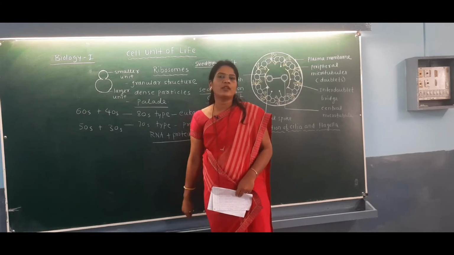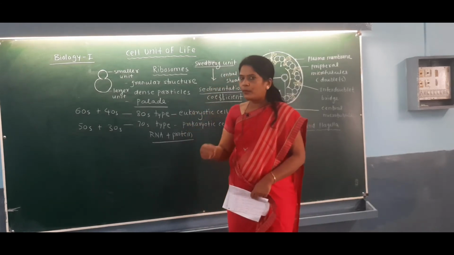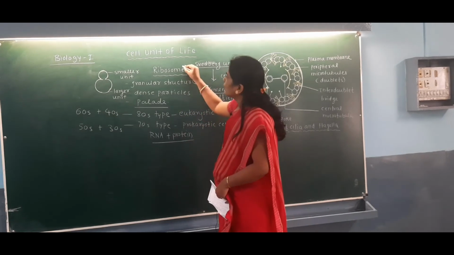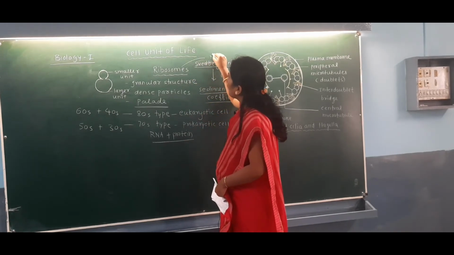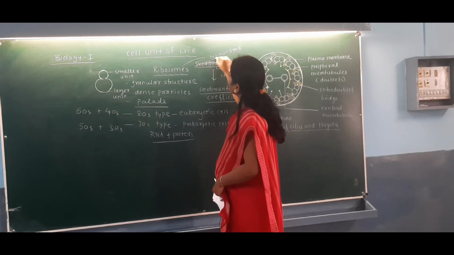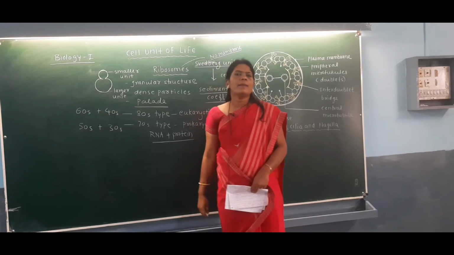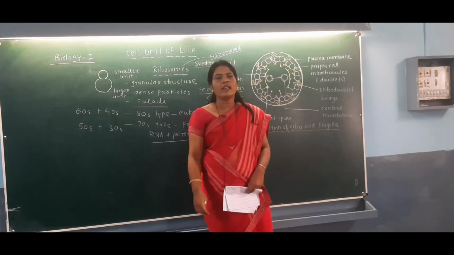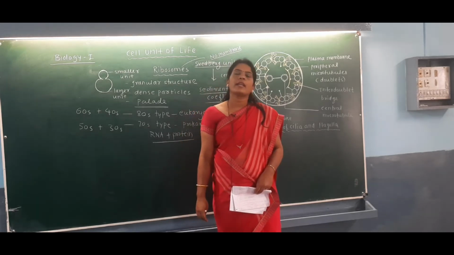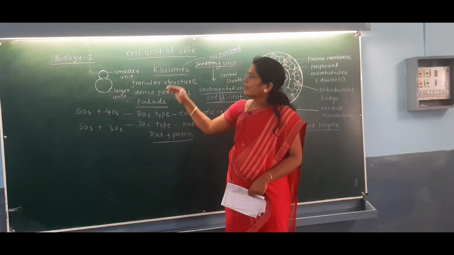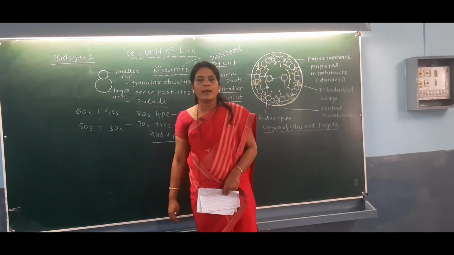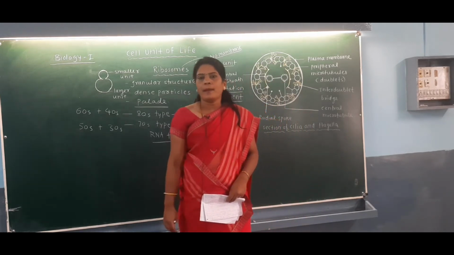And one more thing that you have to remember about ribosome is that it does not have any membrane. So ribosome has no membrane. If you remember, there is one more cell organelle we have already discussed, that is the centriole. Centriole also does not have any membrane. Like that, the ribosome is also without membrane, not single or double, it does not have any membrane.